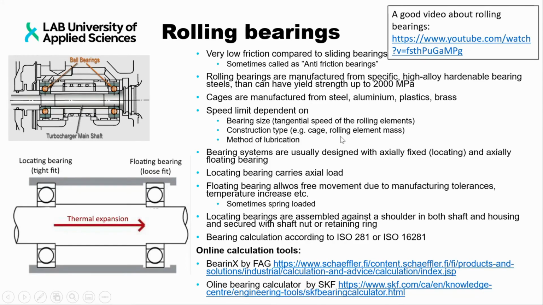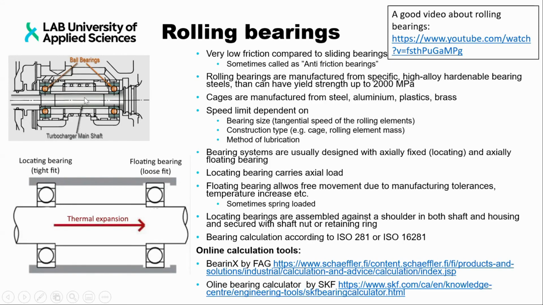And usually these bearing systems are designed in a way that there are certain bearings which are axially fixed and others that are axially floating bearings. If you, for example, look at the bearings over here, there are two bearings, and typically one of them is a bearing that can freely move in the axial direction.